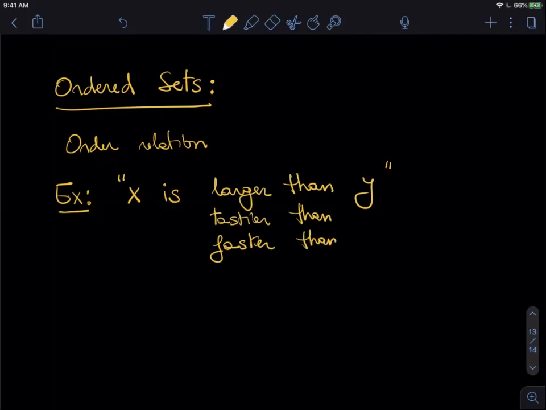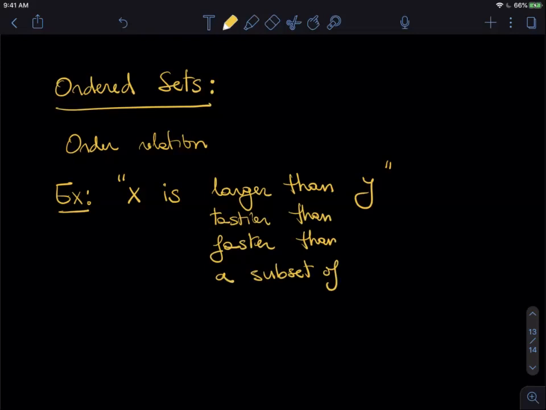These are more colloquial, but we could also say, for example, that X is a subset of Y. Now X and Y would be sets themselves. If X is a subset of Y, that means that all the elements in X are elements of Y. Then X is contained in Y, and that is an order relation.